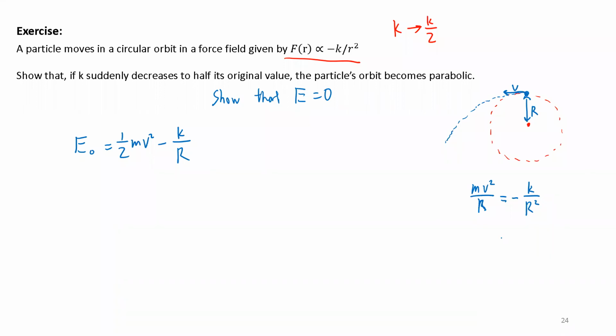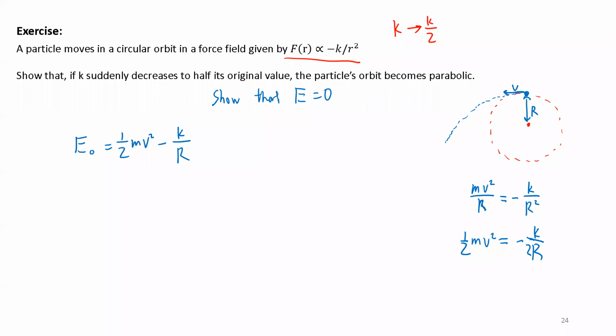So from here, you can also obtain the value of v. In fact, here I don't care so much about v itself. I want mv squared. So mv squared is minus k divided by r, and so 1/2 mv squared is minus k divided by 2r.